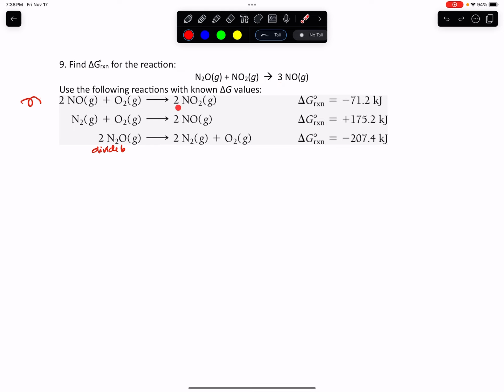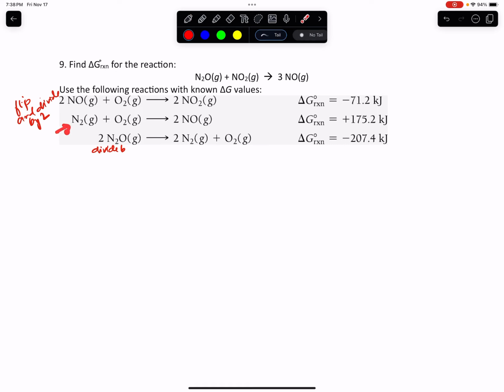But look at the NO2: I have 2 NO2s here and only 1 here, and there are no NO2s anywhere else in all these reactions. So I need to flip and divide by 2.